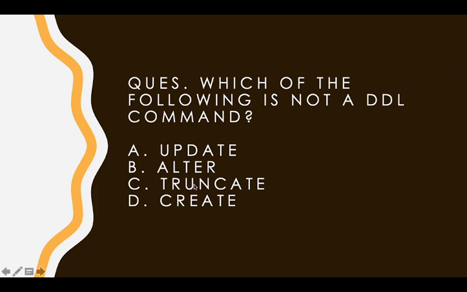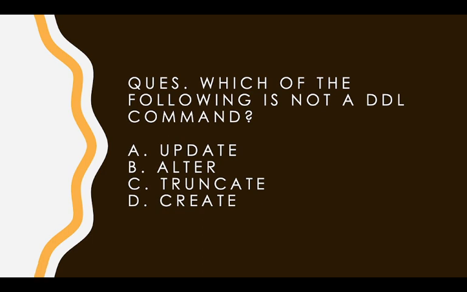Then we have truncate, which is also a DDL command which will remove records from the table. And then we have create, which is again a DDL command which is used to create an object. So these are data definition languages because they are basically defining your data. You're creating something, you're altering something, and truncate is basically removing or deleting something. But this update is basically data manipulation because you're not adding something new to it.